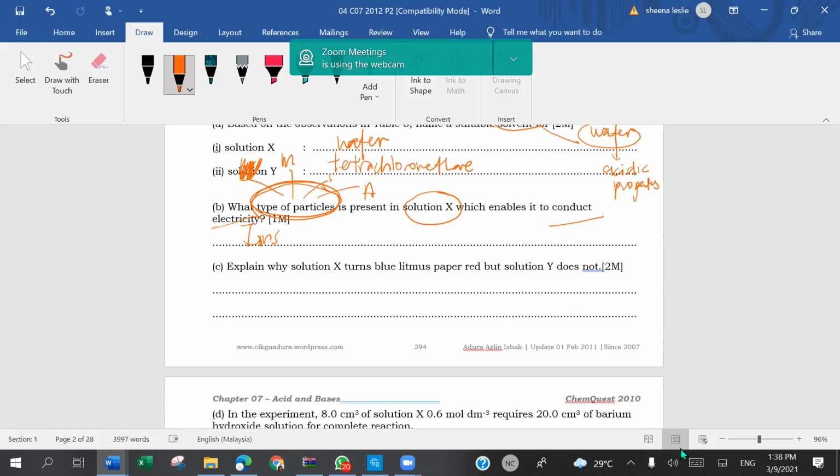Now, why is X turning the blue litmus paper red? Because solution X is acid. You cannot get any marks at all. Okay, think some more. Acid and then what?